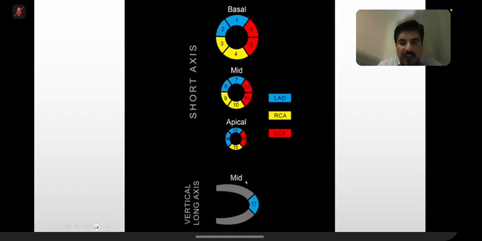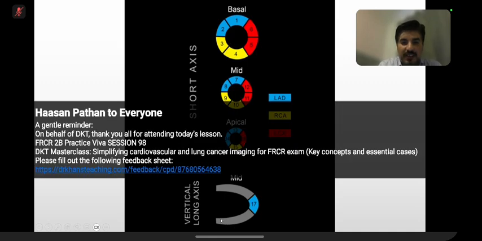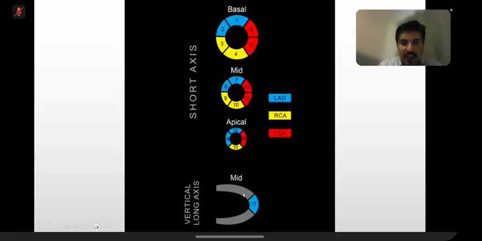If I cut here, this is the apical section towards the apex of the heart. And if I cut in between, this is the mid section. The larger one is the basal section, which is close to the base, that's why it is larger as well. Then we have a mid section, and then an apical section. So these are the three sections.